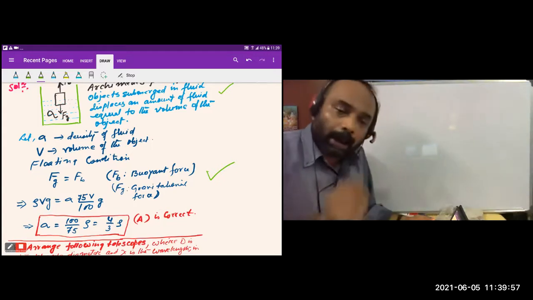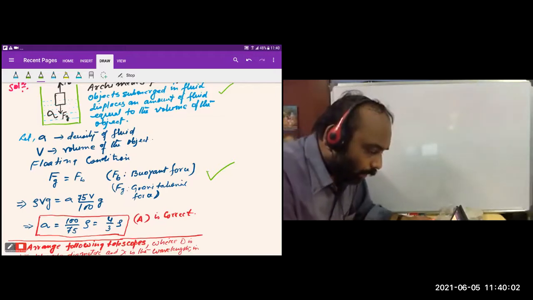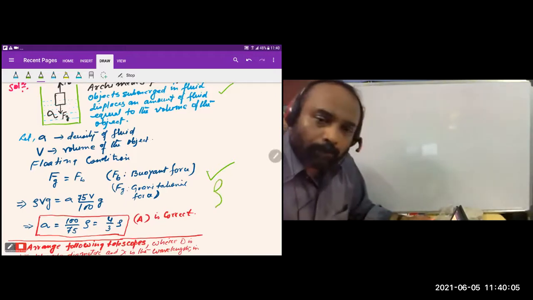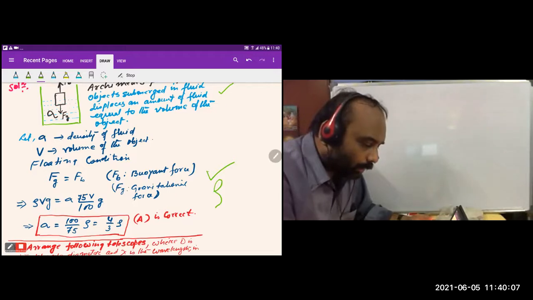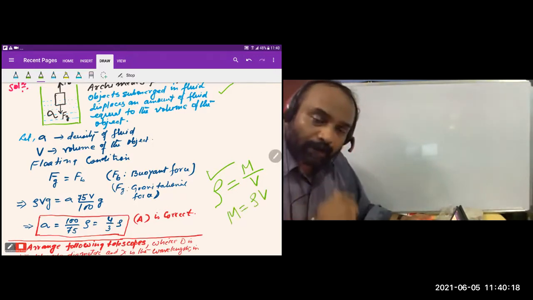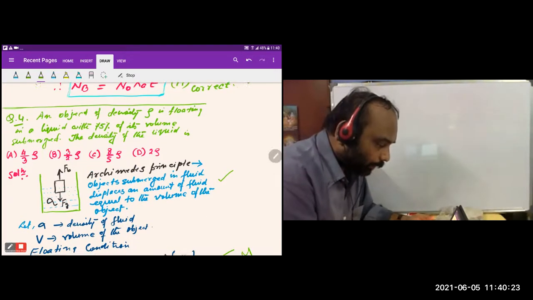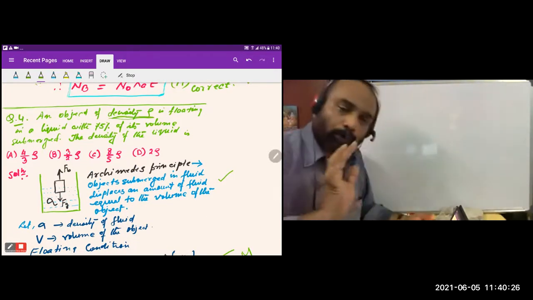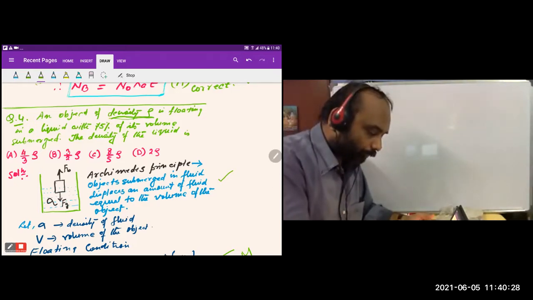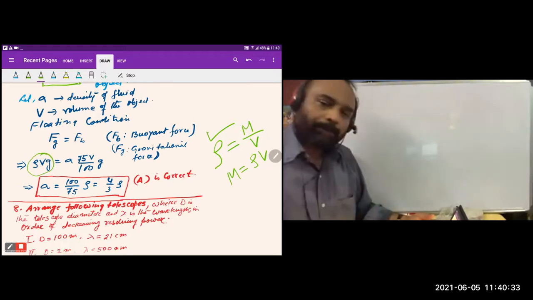What is Fg? M times g, g is the acceleration due to gravity. The density of the given object is mass per unit volume. Therefore, mass is equal to rho V, because V is given and density rho is also given. So gravitational force is rho Vg.